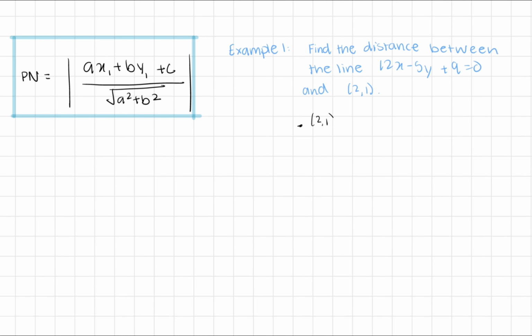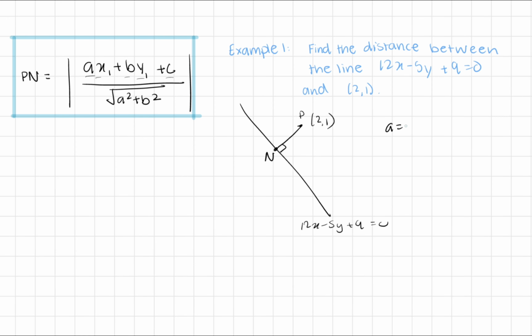The line is probably going to be here. This is not accurate, but it'll help you guys visualize. This is 12x minus 5y plus 9 equals 0. So they're asking, if this is P and we drop a perpendicular and this is N, what is the length of PN? Well, first we need to identify our A, x1, B, y1, and C values.